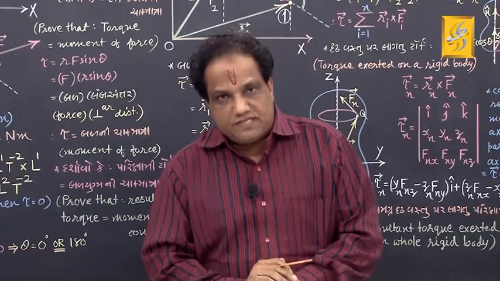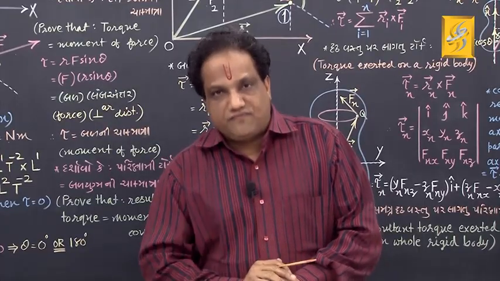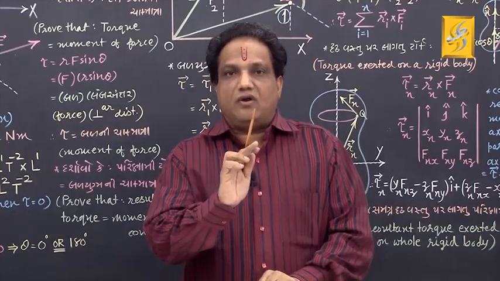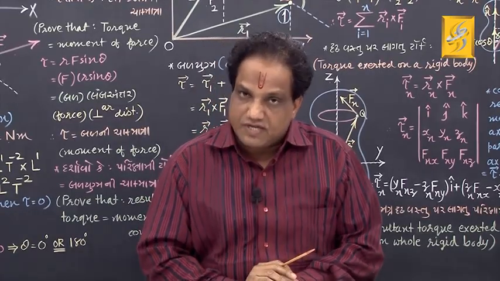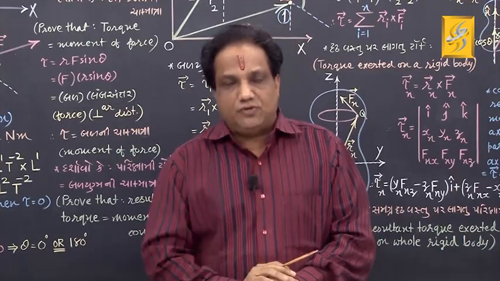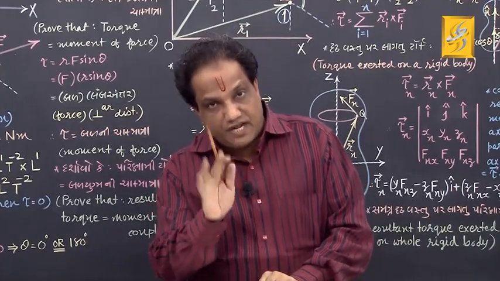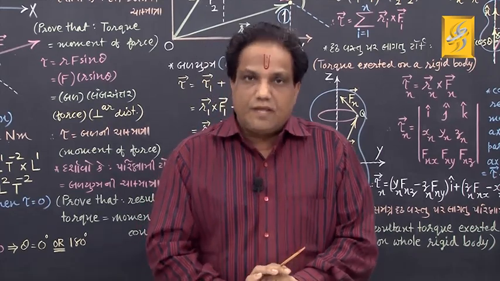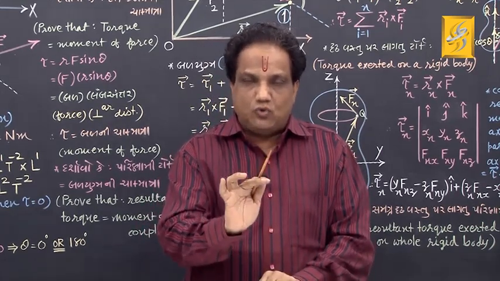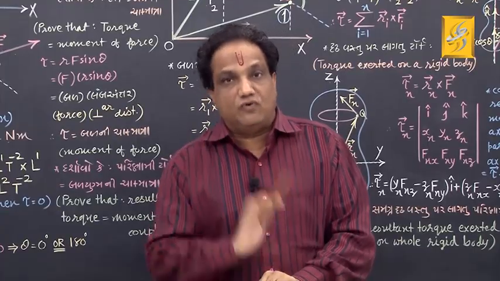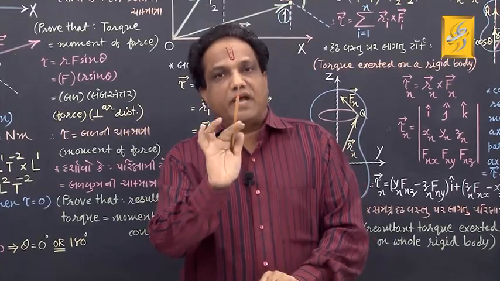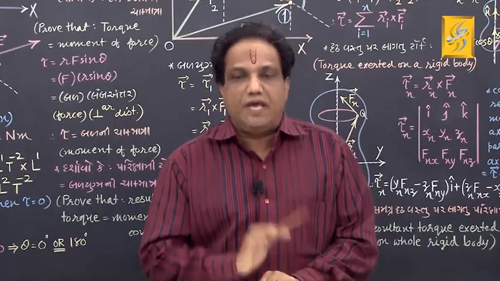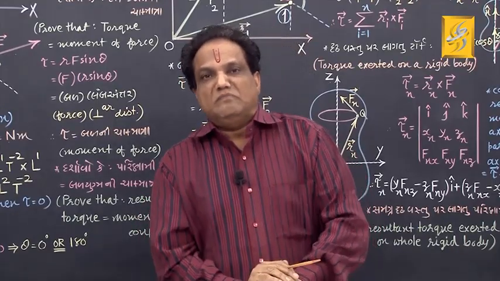A couple consists of a pair of forces which are equal in magnitude, opposite in direction, and which are not collinear.